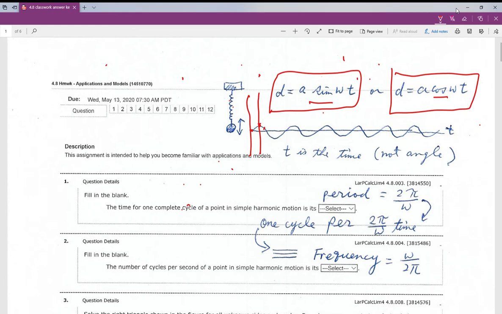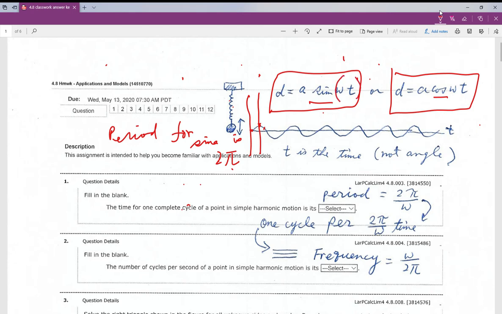Now remember, the original period for sine function is 2 pi. Right? It's 2 pi.